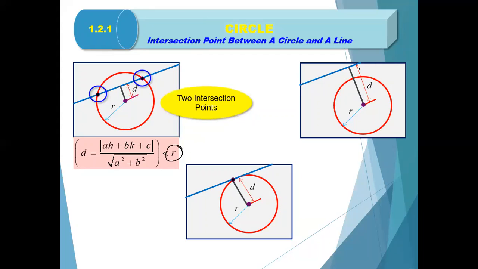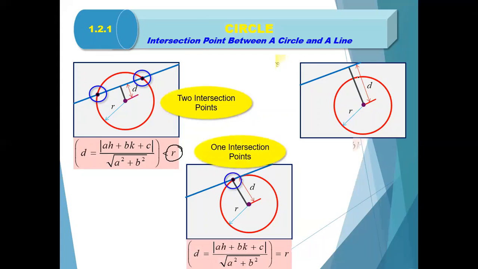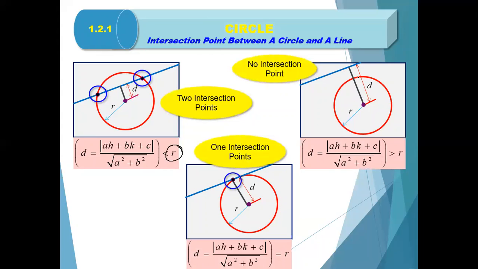Okay, and then how about this one? The line is outside of the circle. So there is no intersection point.